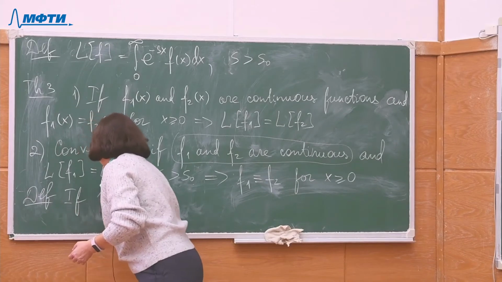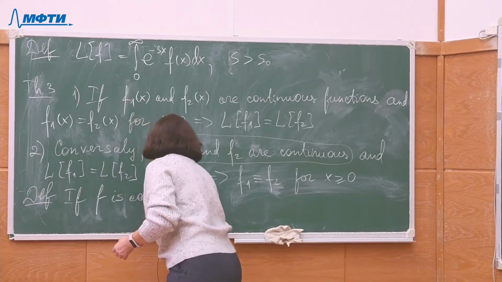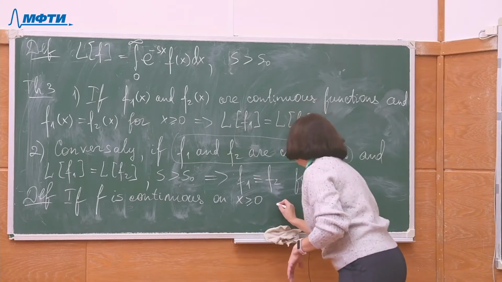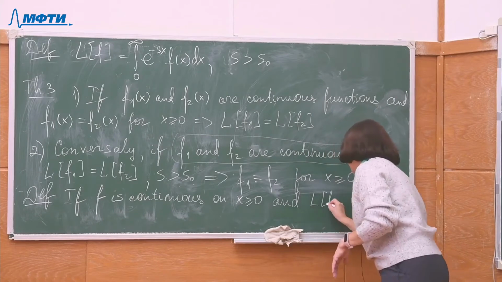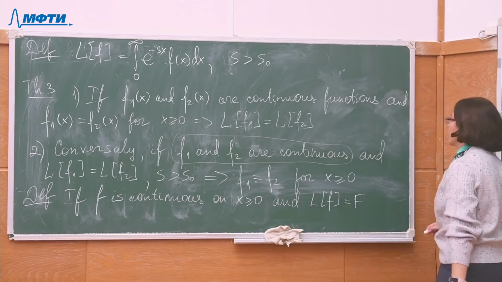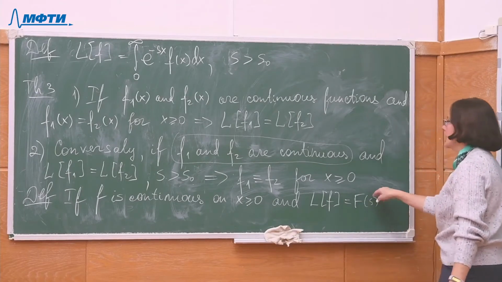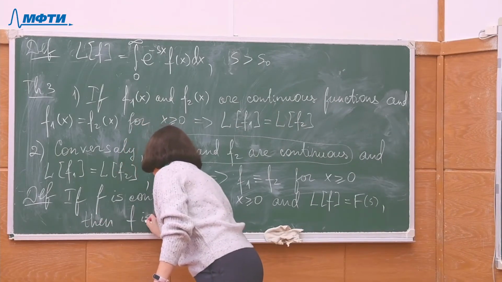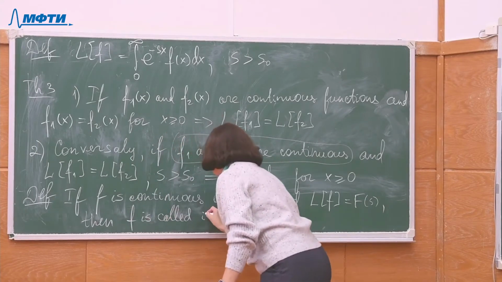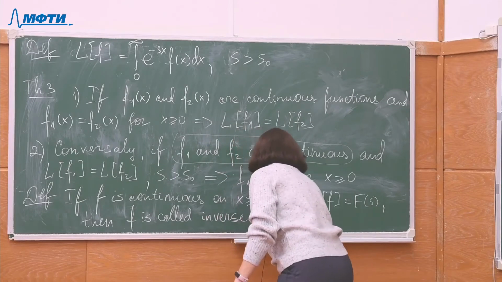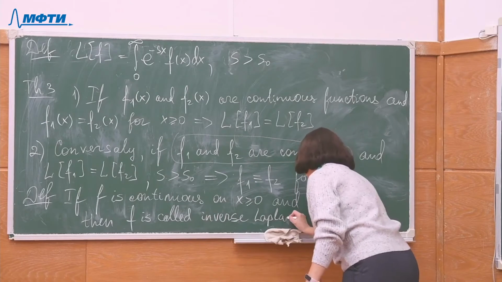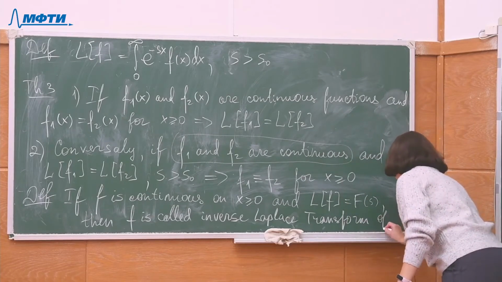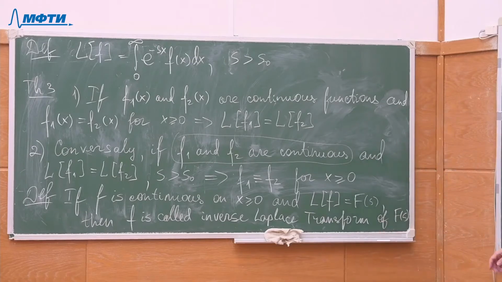So if f is continuous, and if L of f is equal to F of s, this is another argument here, then f is called the inverse Laplace transform of F of s.